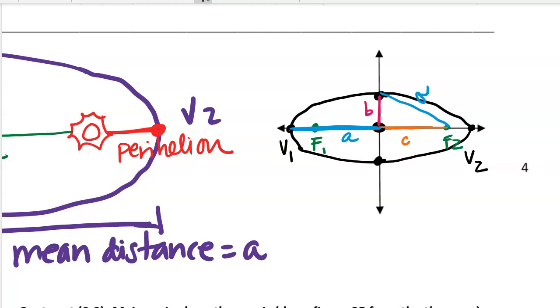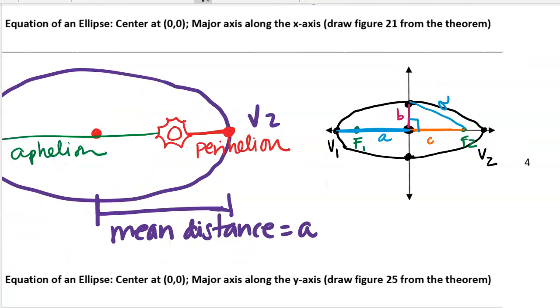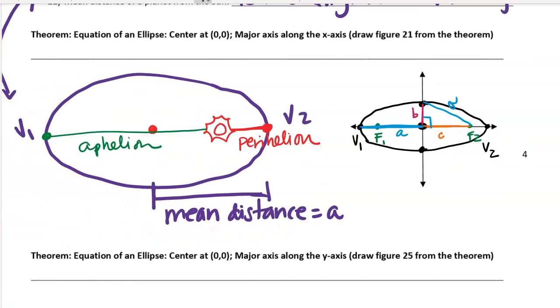Okay, and this is always a right triangle. All right, with that said, we know the center is given to us. We are going to fill out the ordered pair of the foci. We will fill out the ordered pair of the vertices. And then the equation. Okay.